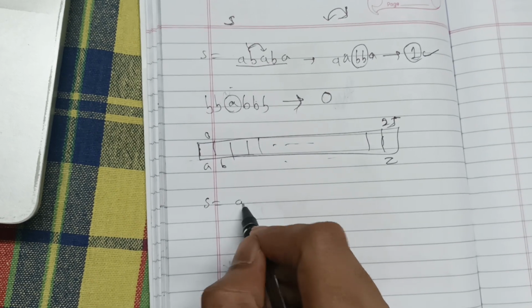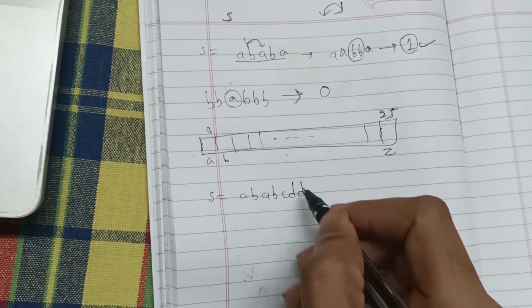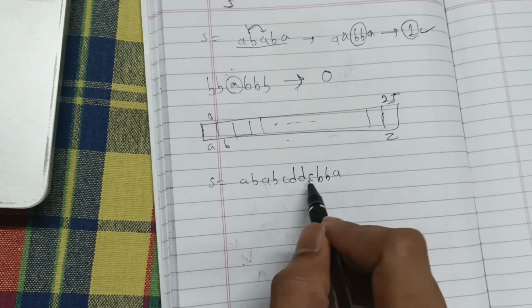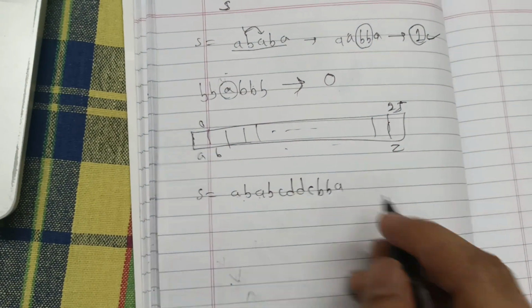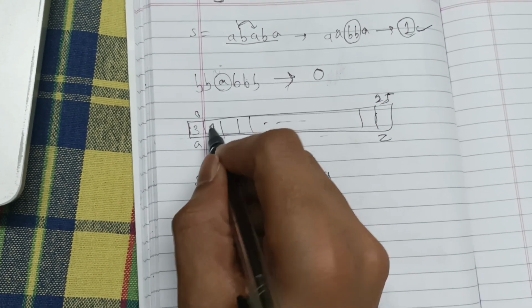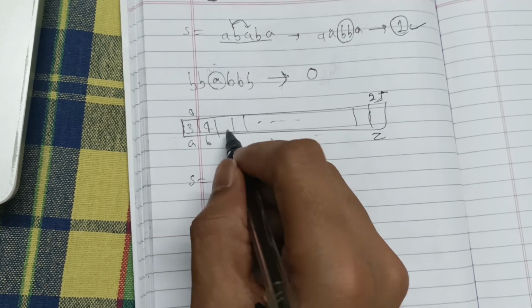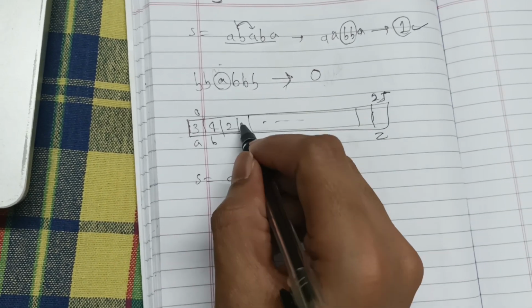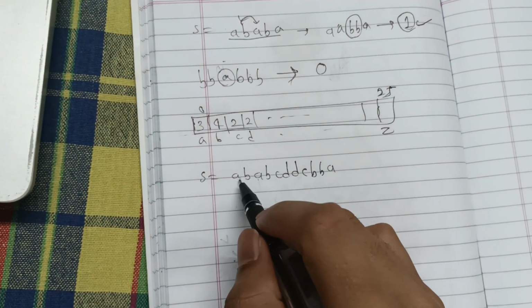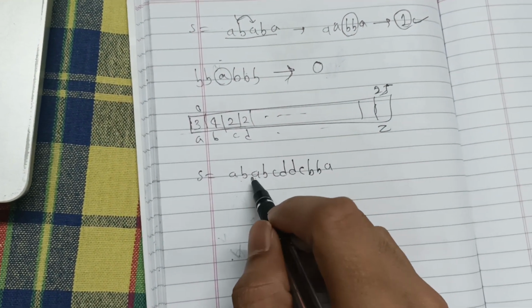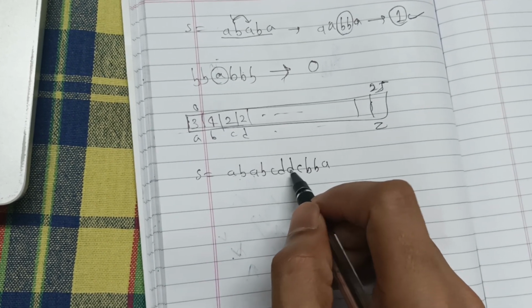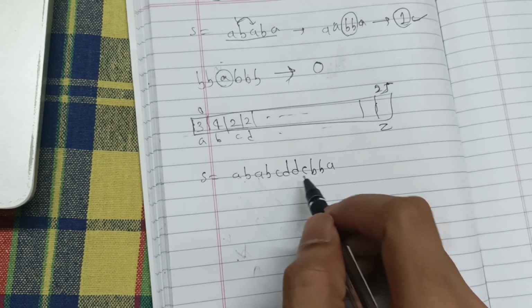Then if S equals ABCDDCBBA, here A occurs thrice, B occurs four times, C occurs twice, D occurs twice.